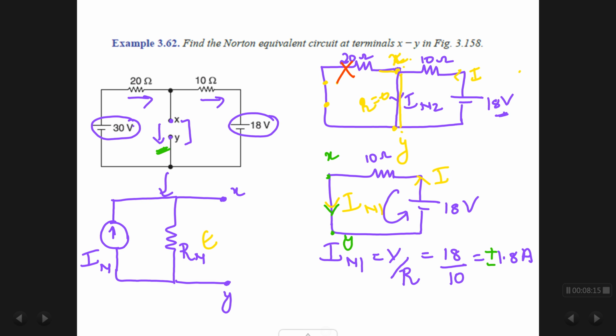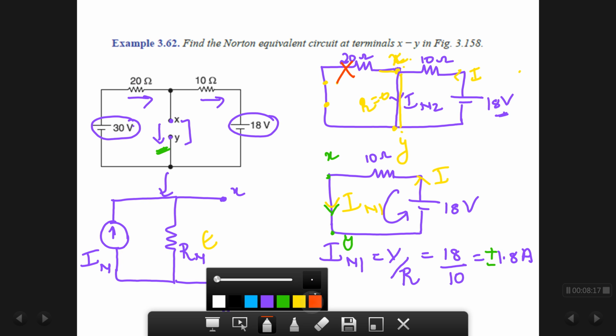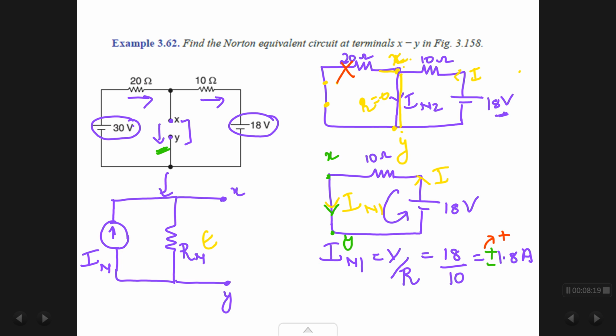So this sign changes to plus, meaning you have to opt for the plus sign. So the answer is plus 1.8 is your I_N. In this case, we will call this as I_N2. Okay, I_N2 is 1.8.